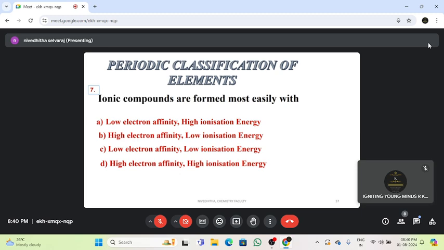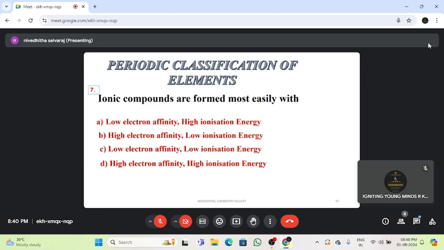Ionic compounds are formed most easily with? What is an ionic compound? A compound with an ionic bond. What is an ionic bond? A chemical bond formed by complete transfer of electron, right?